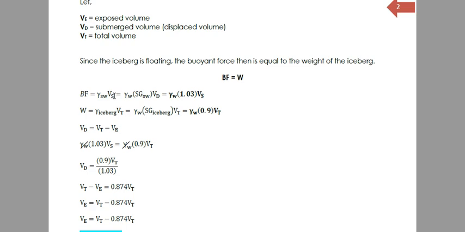So we know that the gamma of seawater is equal to gamma of water times the specific gravity of seawater. So ito na yan. So BF then, or the buoyant force, is equal to gamma of water times 1.03. 1.03 here is the specific gravity of seawater as stated in the problem, times the displaced volume. Again, this should be VD.